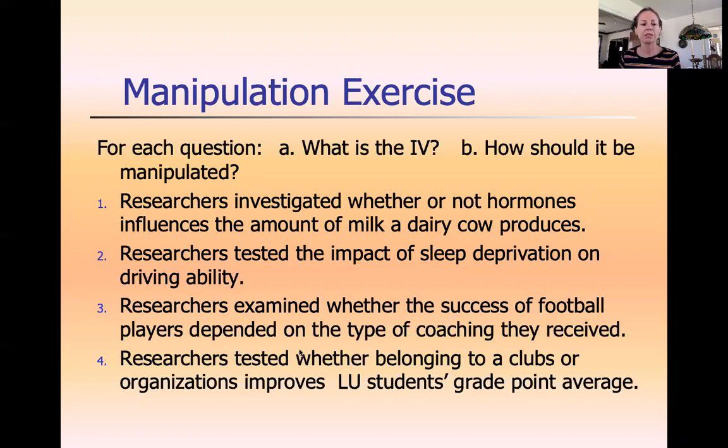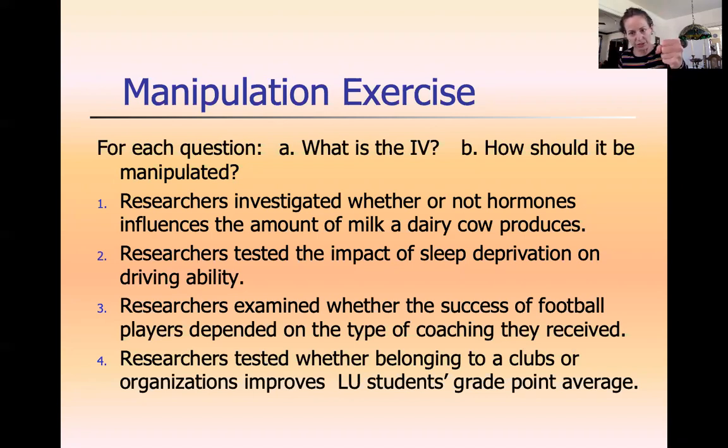Researchers examined whether the success of football players depended on the type of coaching they received. There, the coaching causes success. So coaching is the independent variable. Football success is the dependent variable. And we would want to make sure those two coaching styles are as different as possible. Researchers tested whether belonging to clubs and organizations improves grade point average.